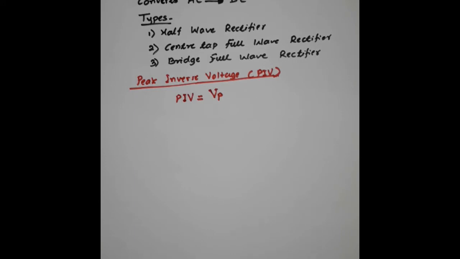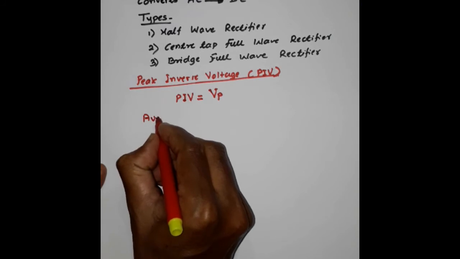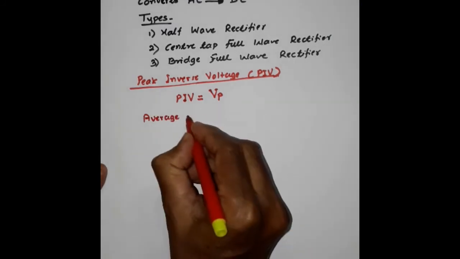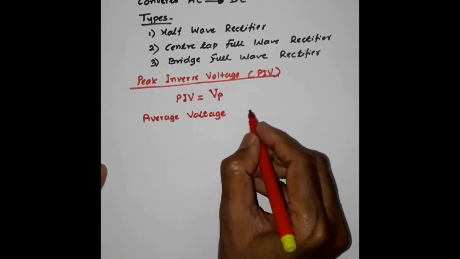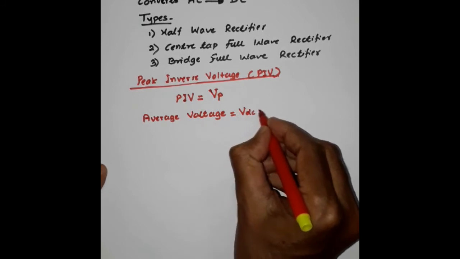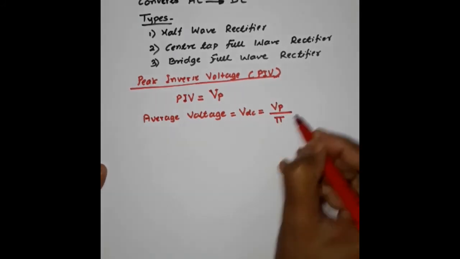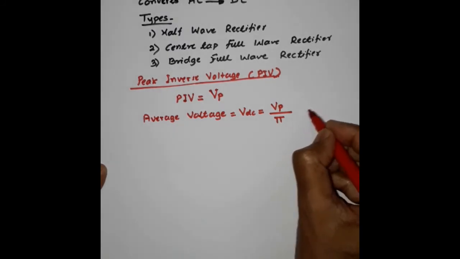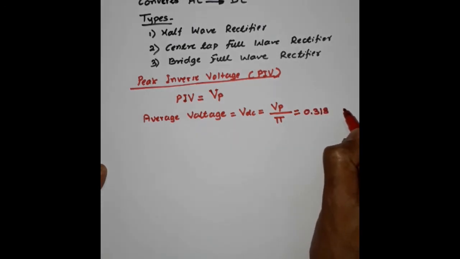Also, in case of half wave rectifier, average voltage, that means VDC, is equal to Vp upon pi, or we can write this as 0.318 times Vp.